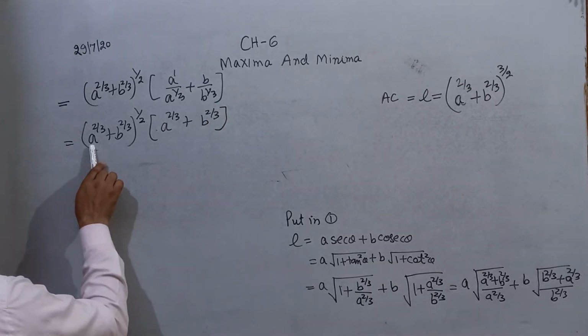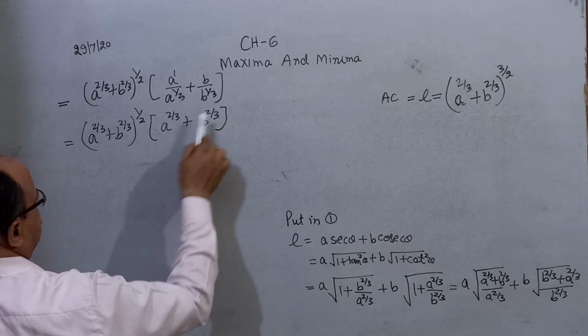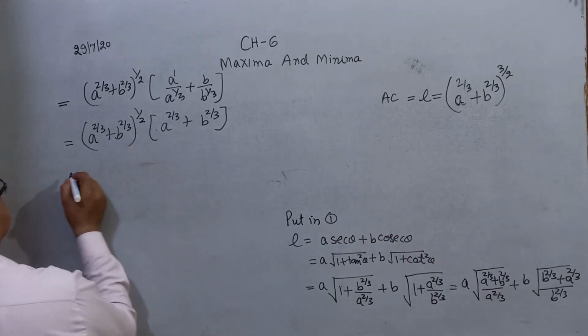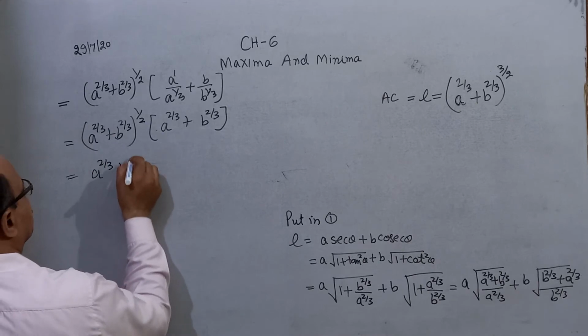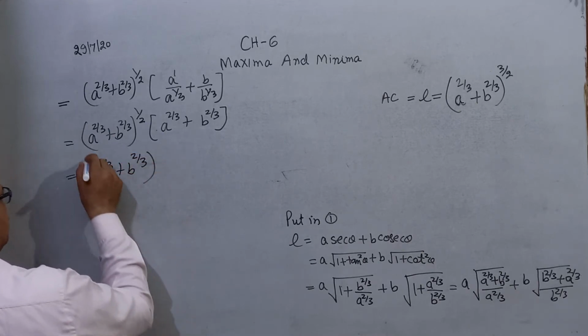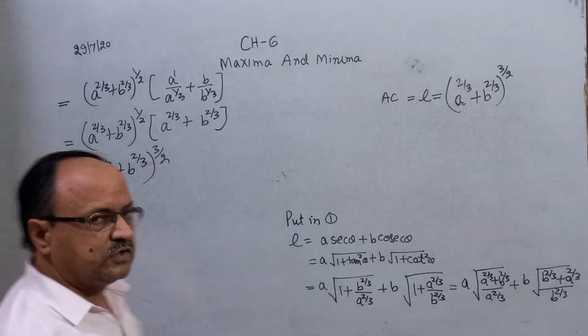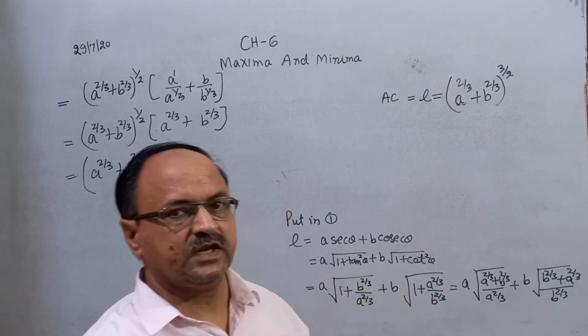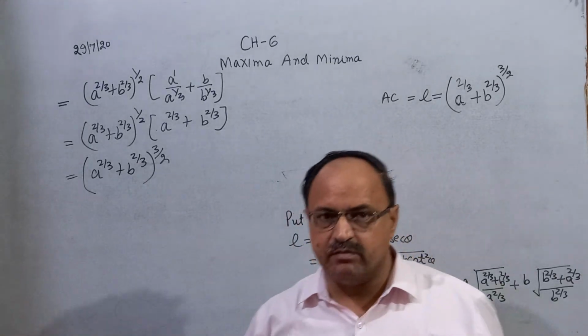And you know that a to the power 2 by 3 plus b to the power 2 by 3 whole to the power half, and this is whole to the power 1. Base same, powers adding, you can say a to the power 2 by 3 plus b to the power 2 by 3 whole to the power 3 by 2. Clear? Therefore, the length of the hypotenuse is minimum.